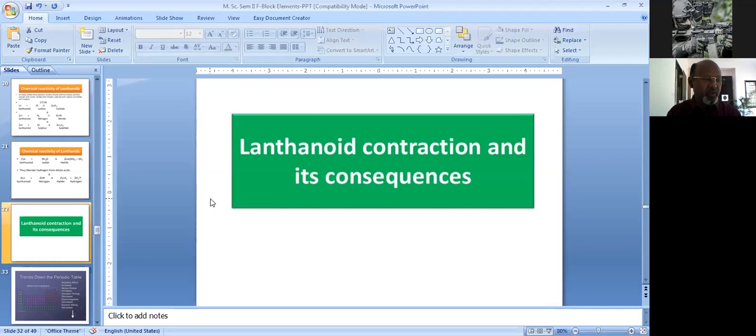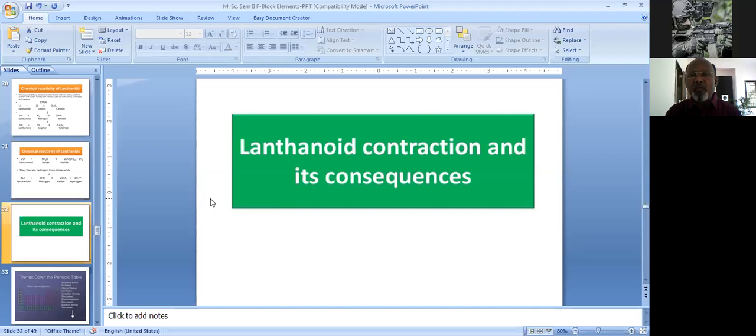The shielding effect can be defined as the decrease in the attractive force of the nucleus on the valence electron. So if the atomic number increases, the shielding effect decreases. That means the nuclear force of attraction over the outermost electron gradually increases.